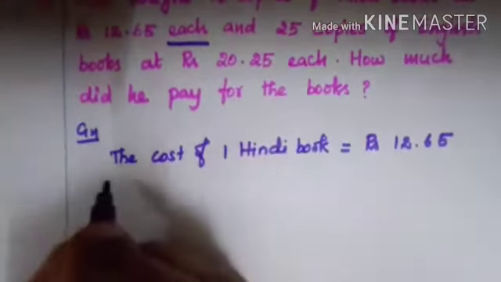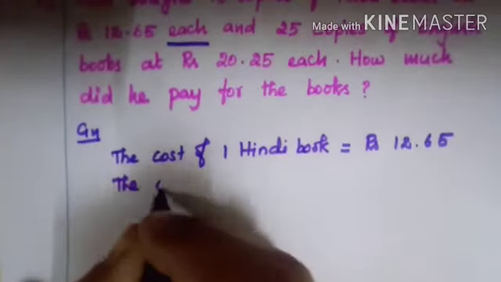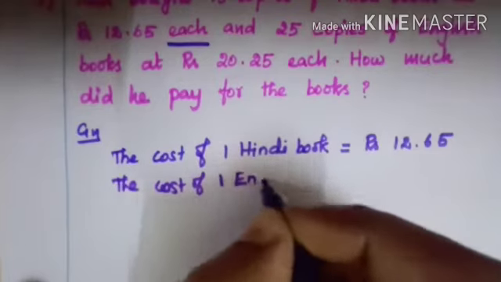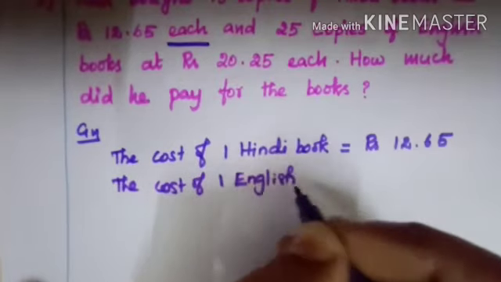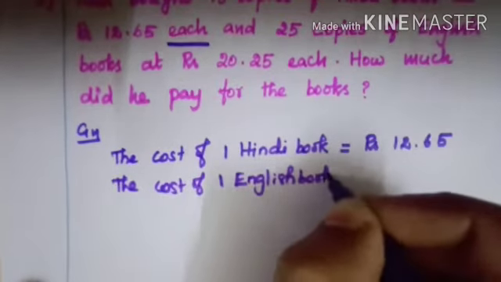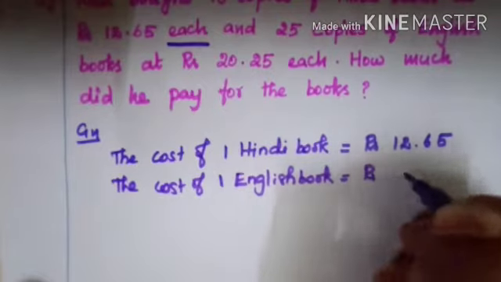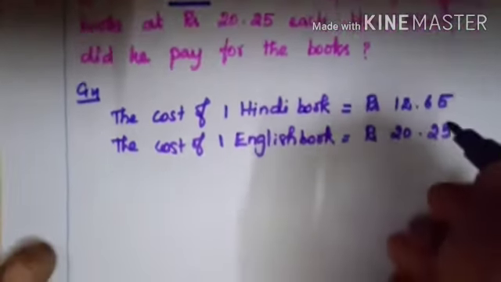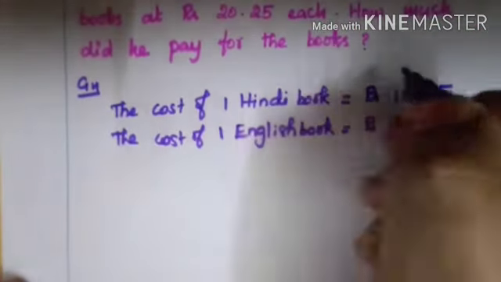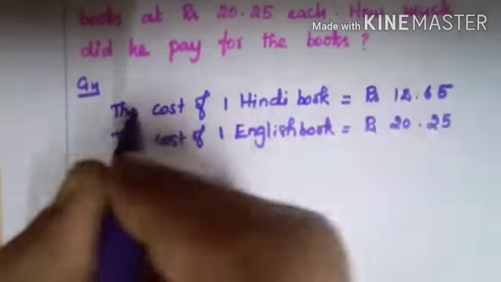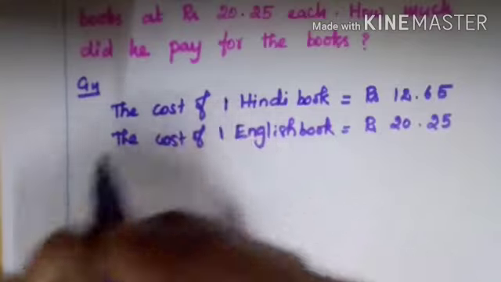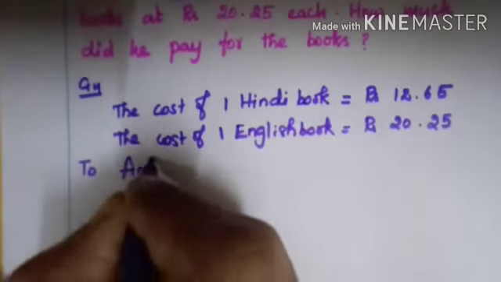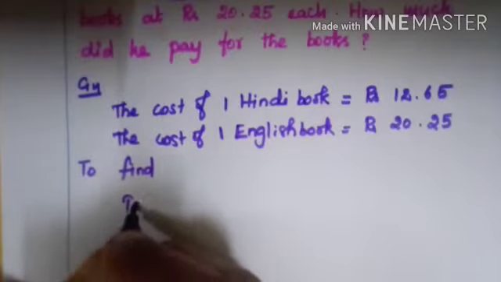So the cost of one English book is equal to rupees 20.25. What you have to find out? How much did he pay? So to find the total cost.